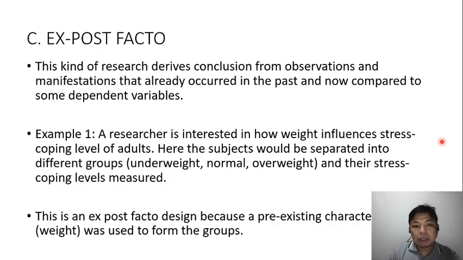Here, the subject should be separated into different groups. Underweight, normal, and overweight. Their stress coping levels are measured. So, this is an ex post facto because we have a pre-existing characteristic or a common denominator for all the respondent. Ano yun? That is weight. Okay, if there's a common denominator among the respondents, ang tawag natin doon is ex post facto.